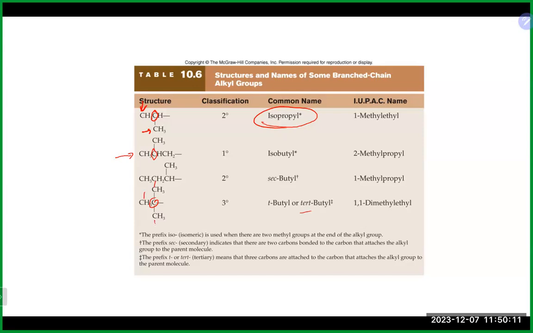So occasionally in organic chemistry, you'll run across some groups that have special names, and they're historical names, they're still used today. And some of them are based on where the connection happens in terms of the carbon. Is it a primary, secondary, or tertiary carbon? Any questions on that there?